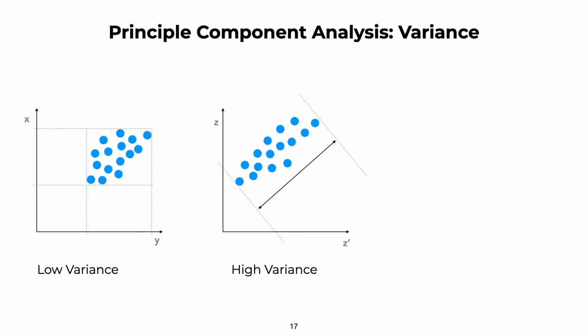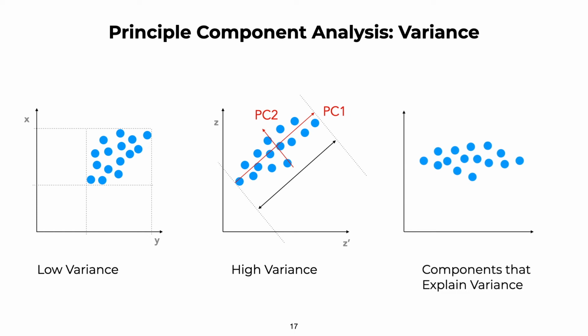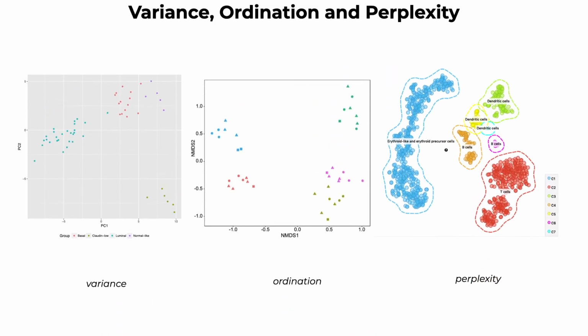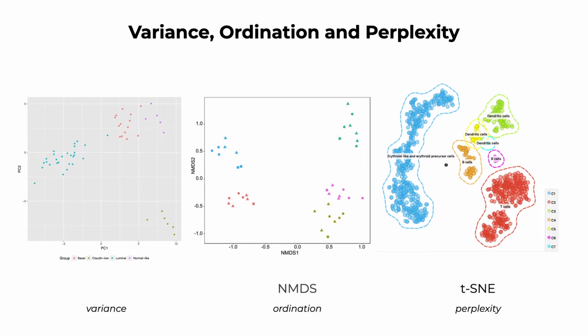So we can have a projection based on principal components that maximize variance or explain variance of the original dataset. Principal component analysis uses explained variance to show us the most accurate way to represent our data, but it is not always going to work well for any kind of data.